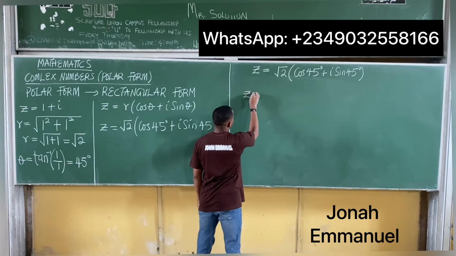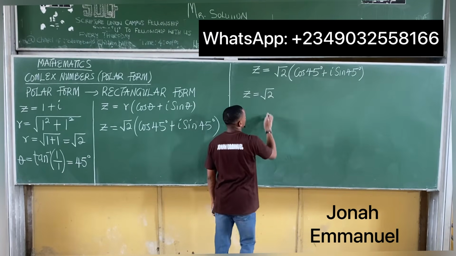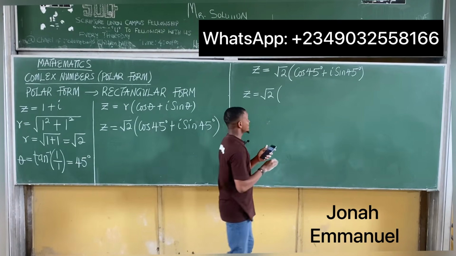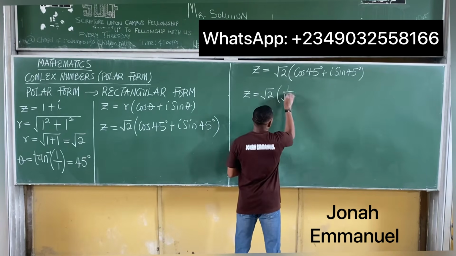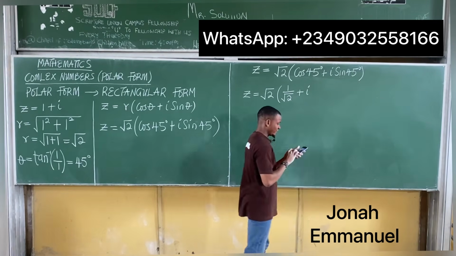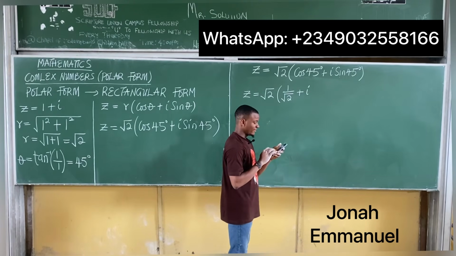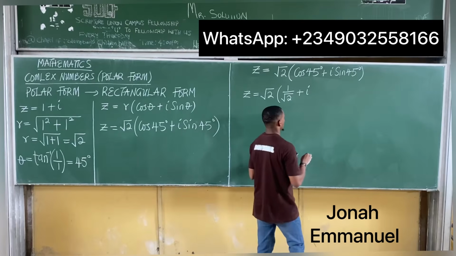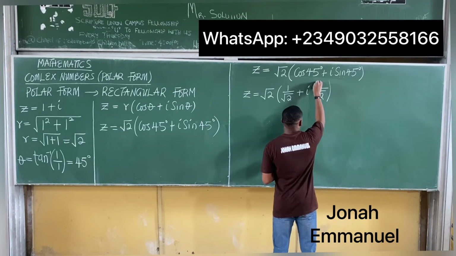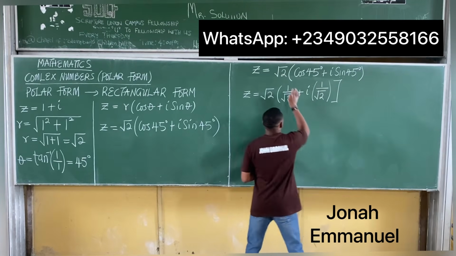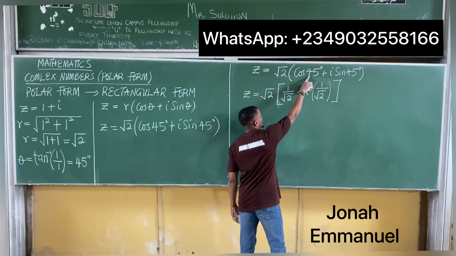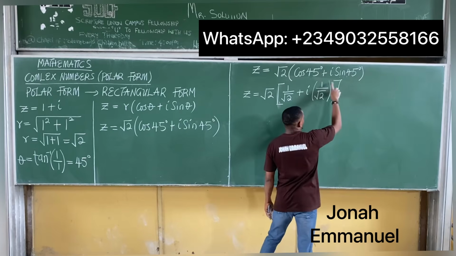So z will be equal to square root of 2 into cos 45. If I punch cos 45, my answer is 1 all over root 2, plus I sine 45. Sine 45 is 1 over root 2 also. So put this in round bracket, change this to square bracket, and then this. All right. So cos 45 gives me 1 over root 2. Sine 45 gives me 1 over root 2.